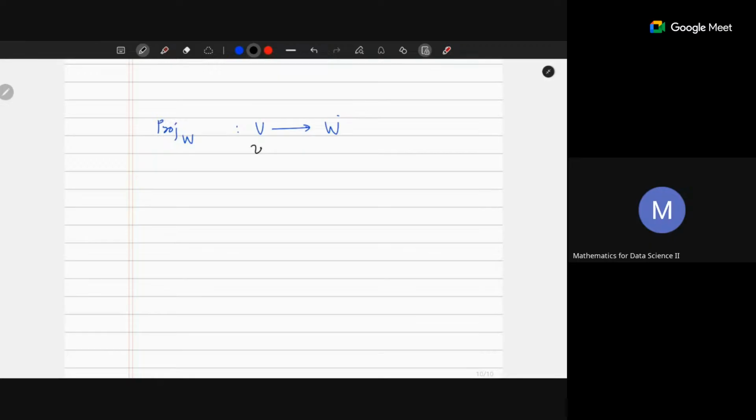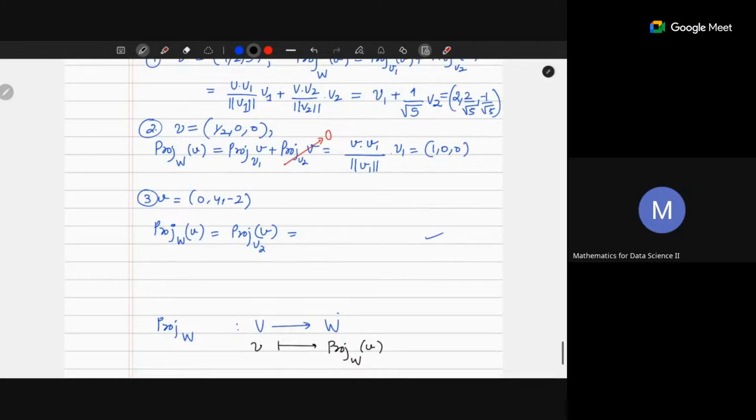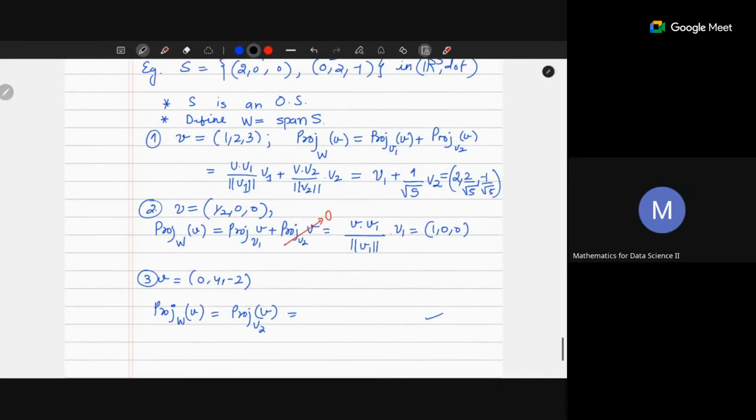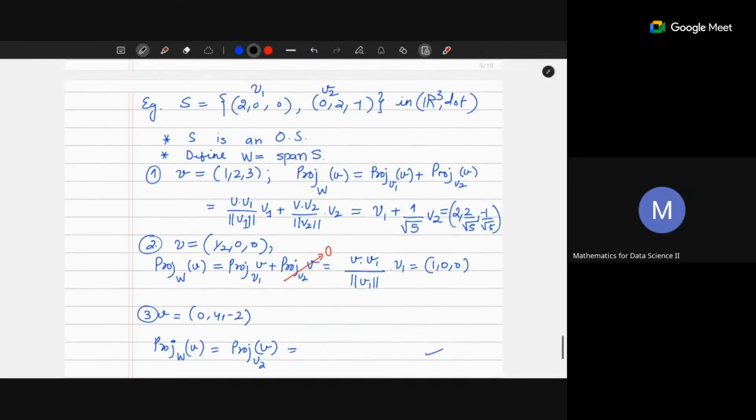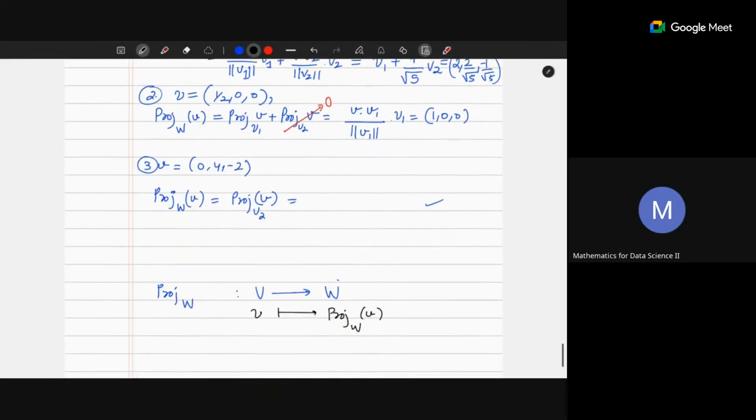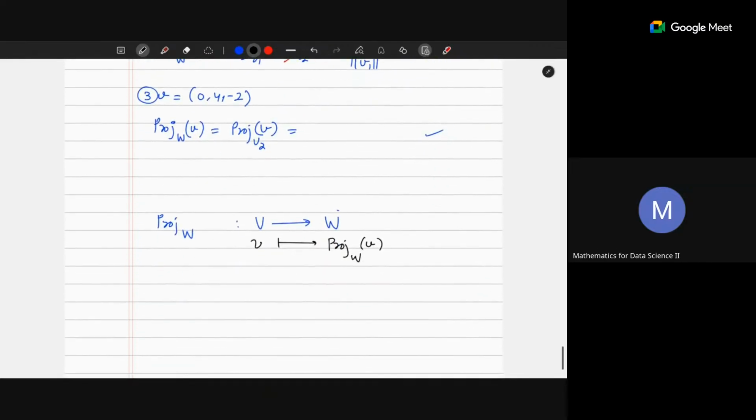It takes V and gives you projection of V onto W, which is a vector in W, right? These vectors, for example, 1, 2, 3, it has projected back into a vector that is in the span of S, correct? So it defines a map from vector space V to the subspace W.